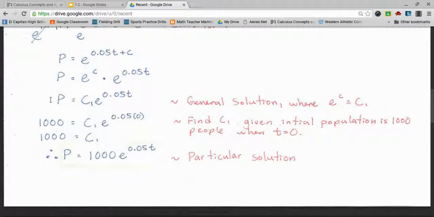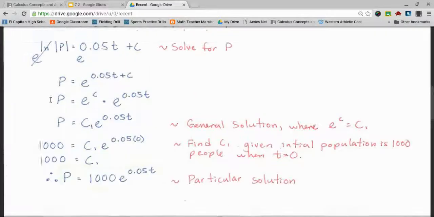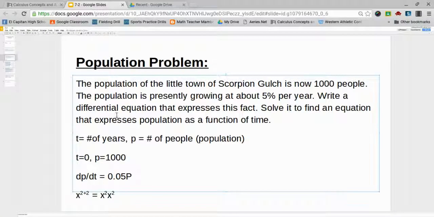But I want to find what C is, because this isn't a particular solution, and that's what it asked me for. So if we go back to here, actually, this is what I want to use. When time is 0, so when I'm at 0 years, the population was 1,000 people. That was my initial condition.